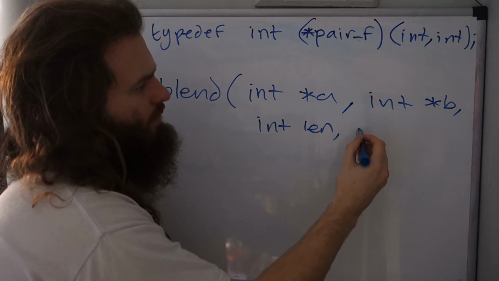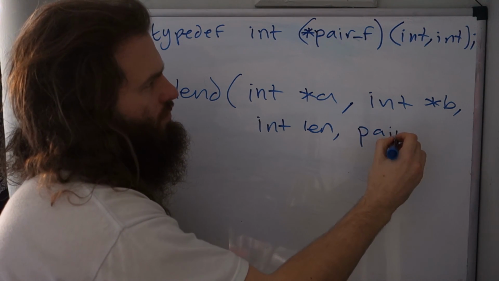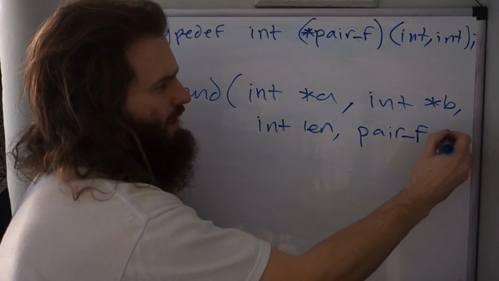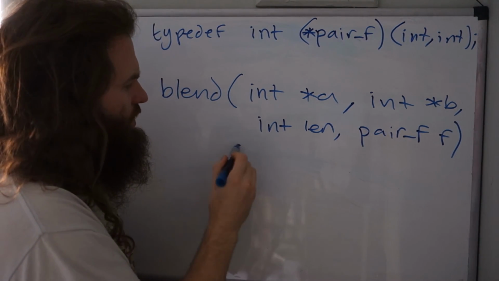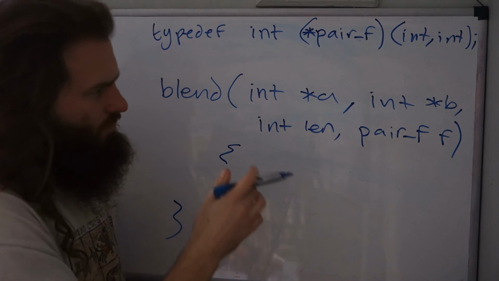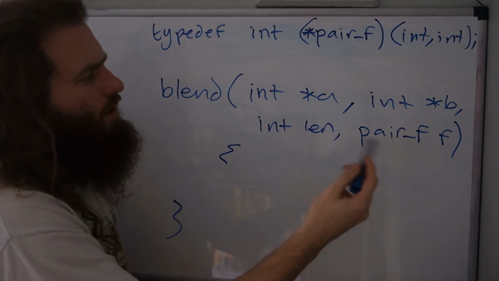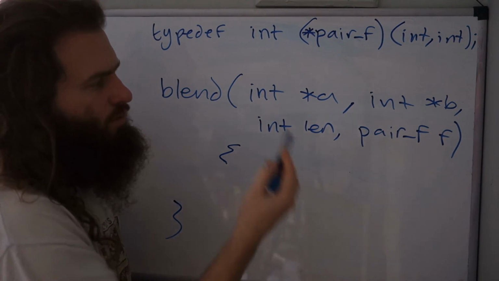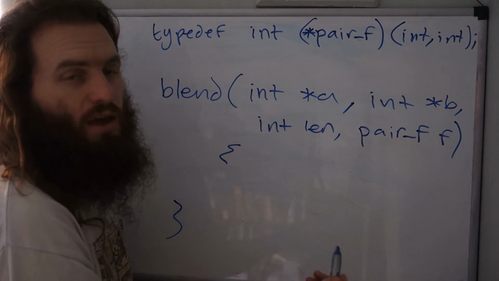And then we can actually take a pair function called f. And that would allow us, within our function body, to apply our pair function, for example, to each of the elements of A and B pairwise.